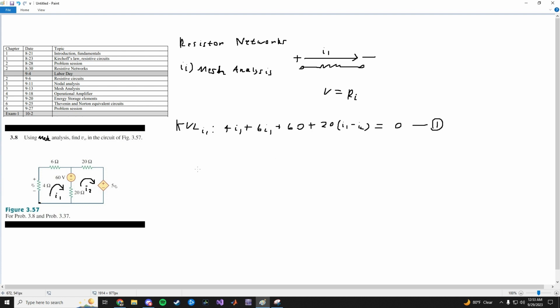That's equation 1. Now we have to do the KVL at I2. So starting from this point, we get 20 times I2 minus I1 minus 60, minus because I'm going into the minus of the voltage source following my convention, minus 60 plus 20 I2, then into the plus of this dependent source plus 5 V0, all equal to 0.